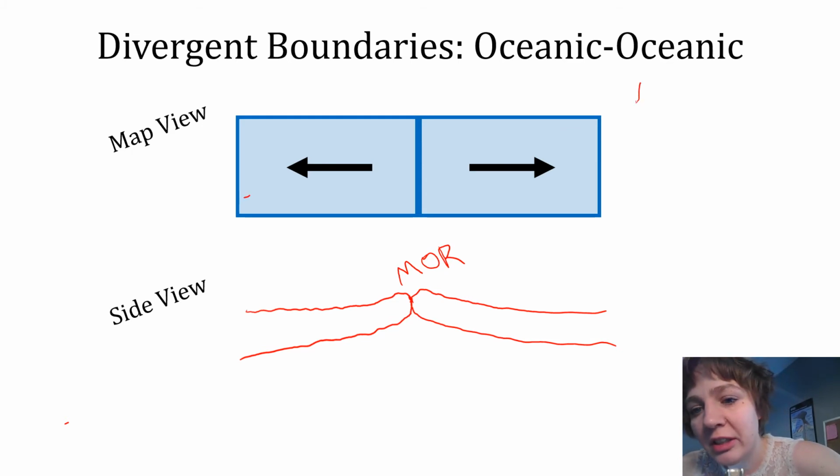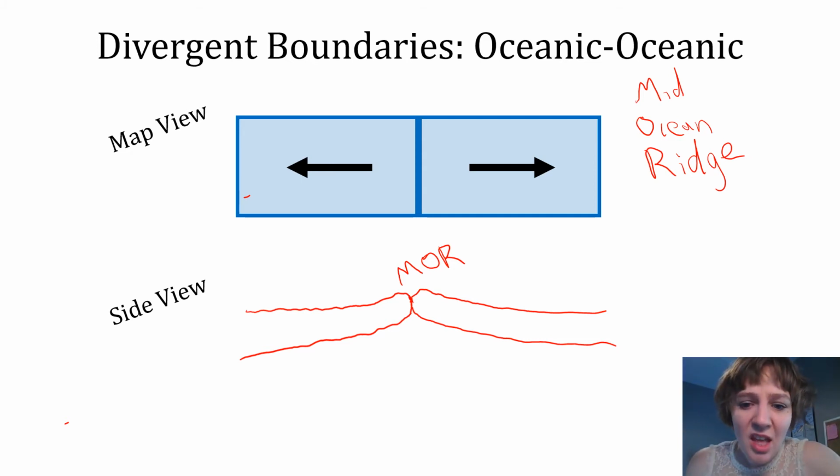So MOR stands for mid-ocean ridge, which is an underwater volcanic mountain chain.